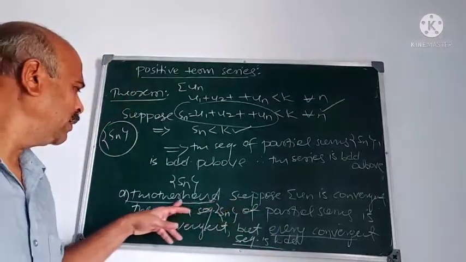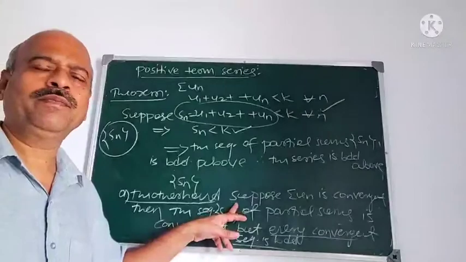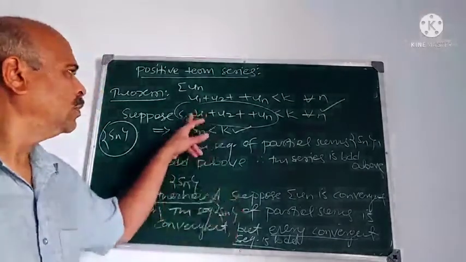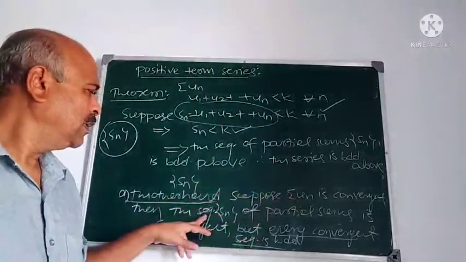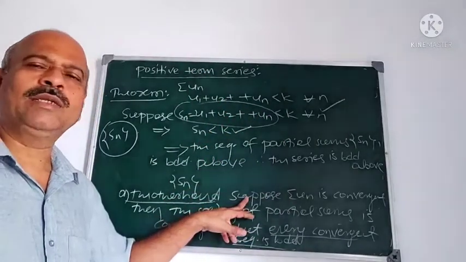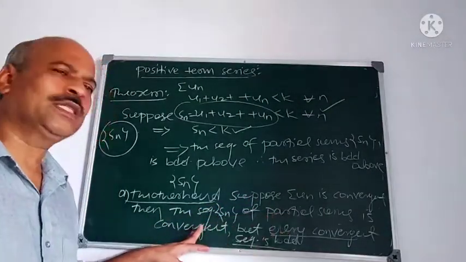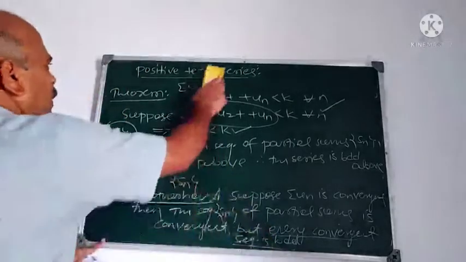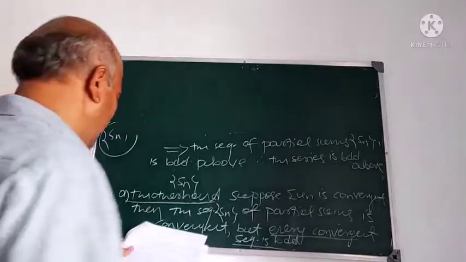Say I explain here. Converse. What is the converse? Suppose sigma un is a positive term series, it is convergent. What you have to prove? u1 plus u2 plus un is less than k. For that, if the series sigma un is convergent, then the sequence Sn of partial sums is convergent. But every convergent sequence is bounded. Therefore, what happens? Convergent sequence is bounded.